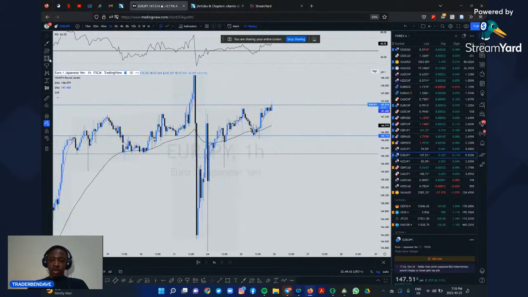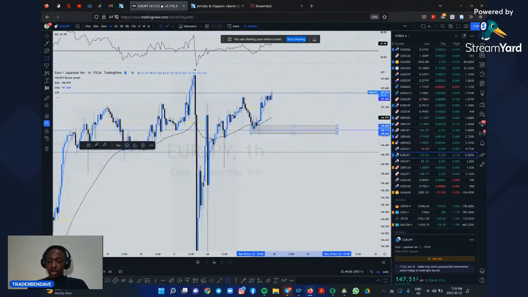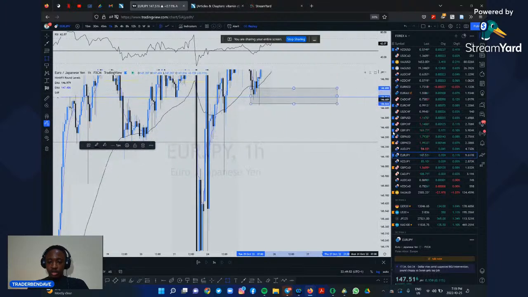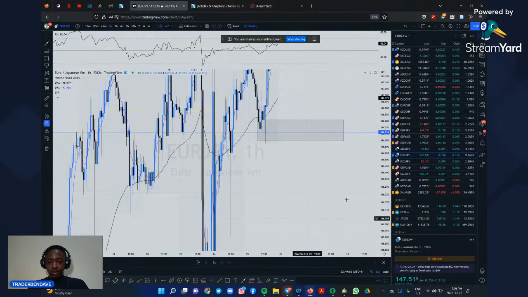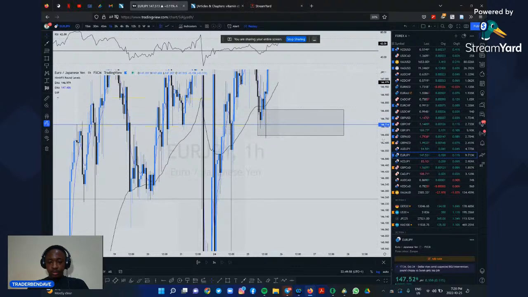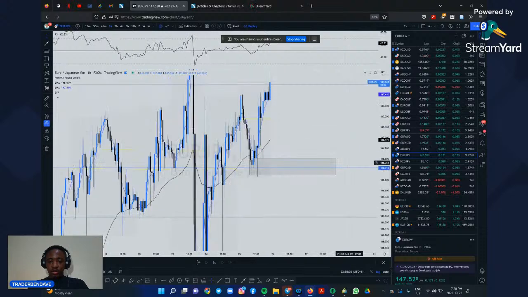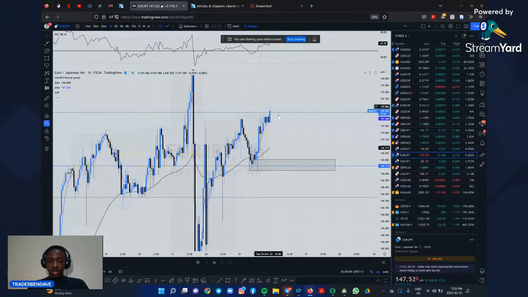I'll rather wait for the pullback to the next psychological level below, which level is that? 1.48700. But it depends. This is a lot of pips here. That's 75 pips. So it depends on what happens here.